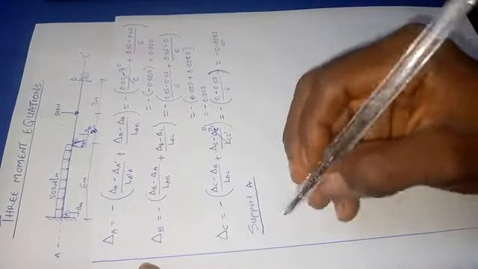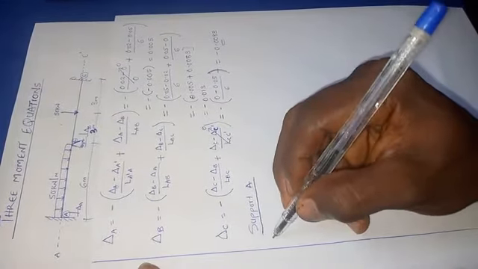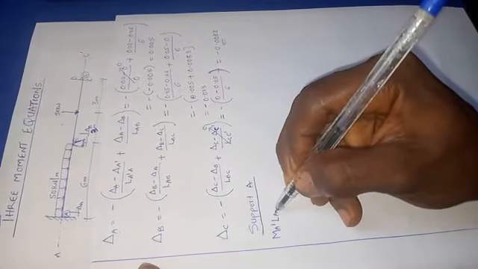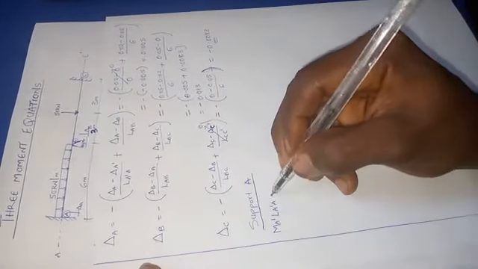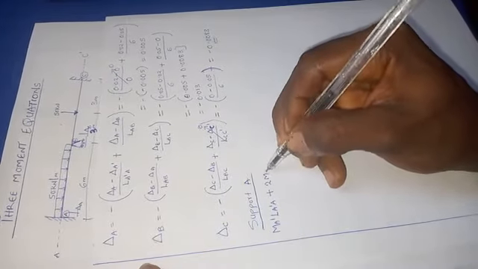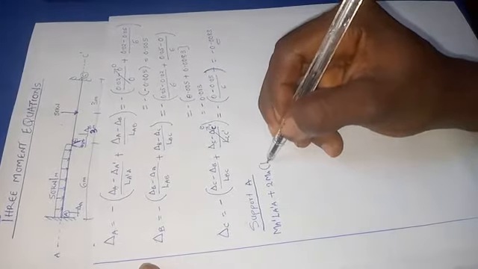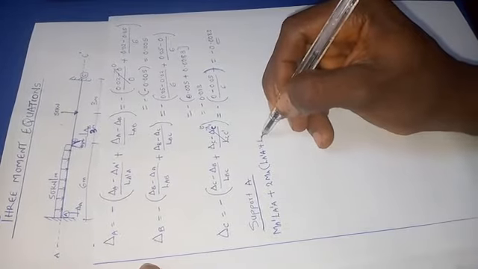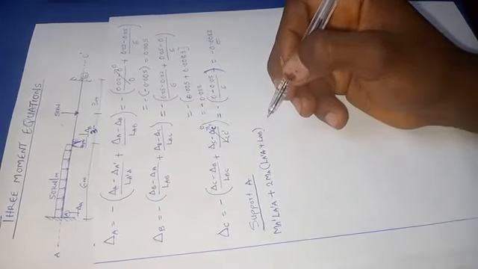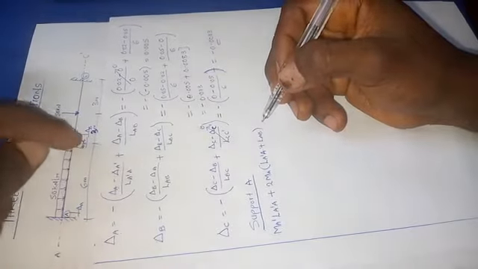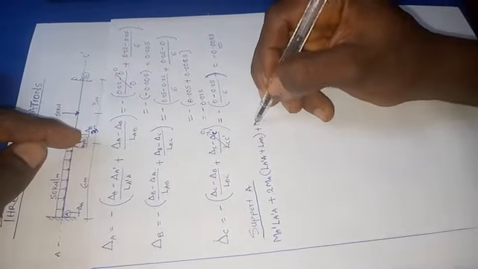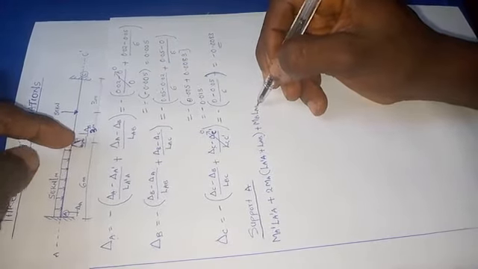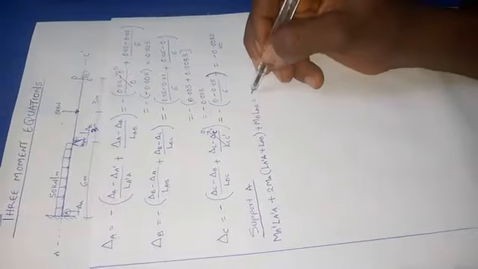So at support A, we have our 3-moment equation as M A prime multiplied by the length of A prime to A, then plus 2 moments at A multiplied by the length of A prime to A and A to B, then plus the moment at B multiplied by the length of A to B, which should be equal to minus 6.